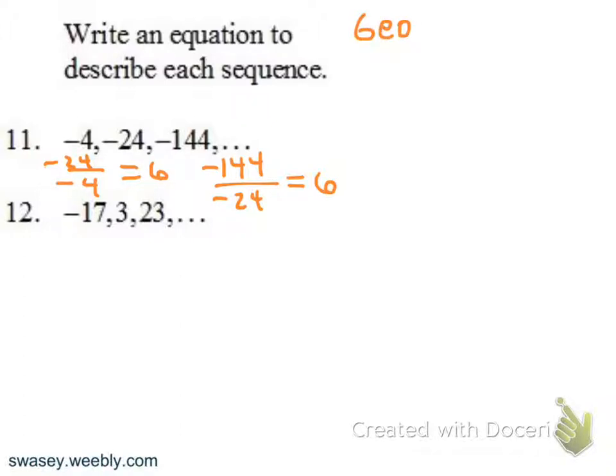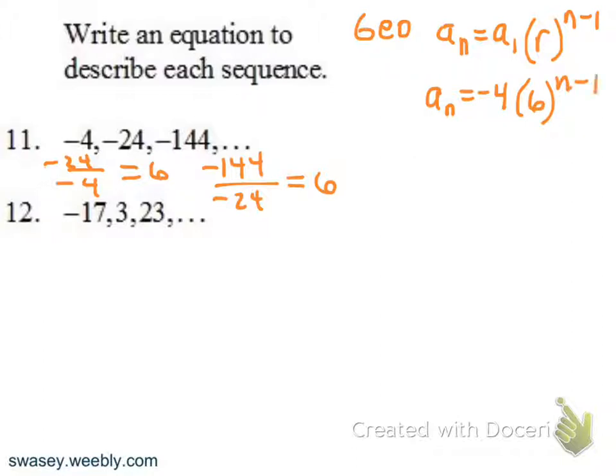For geometric sequences, we use first term times the common ratio to the n minus 1 power. So first term, negative 4, common ratio 6, n minus 1 power. So that's our exponential equation that goes with that geometric sequence.